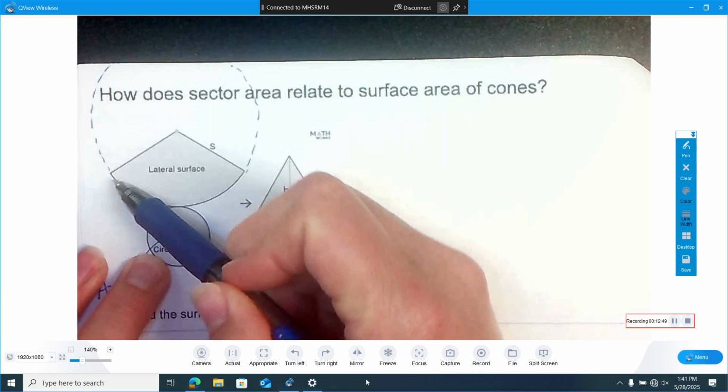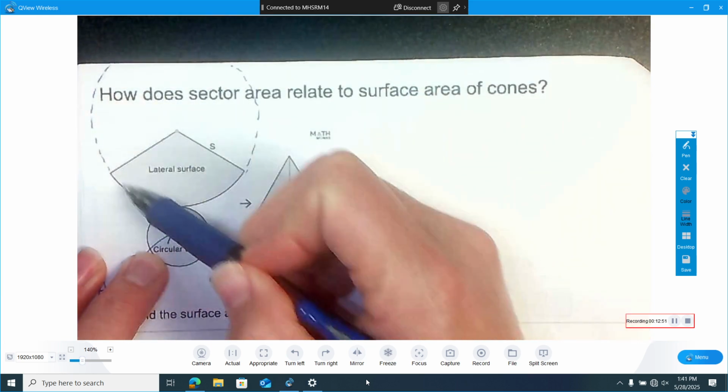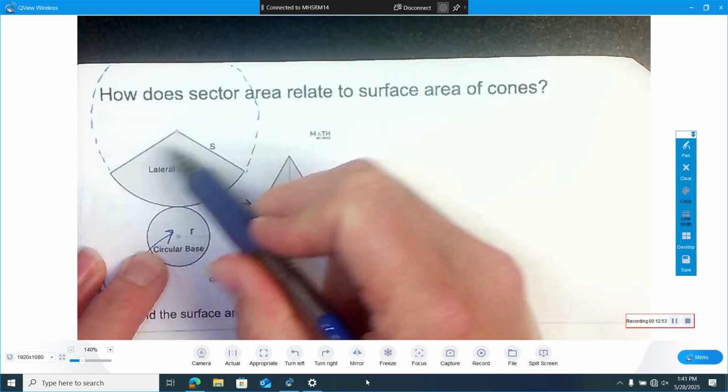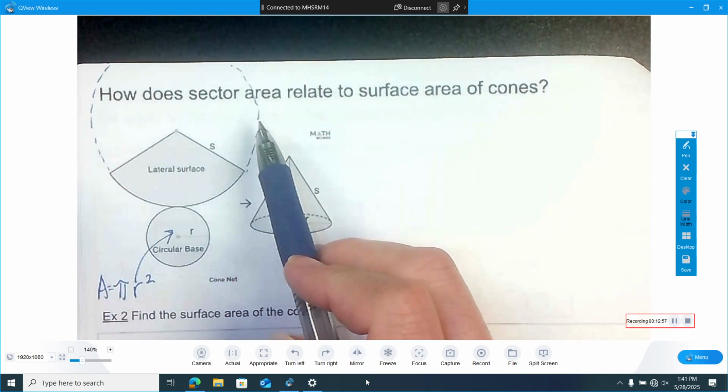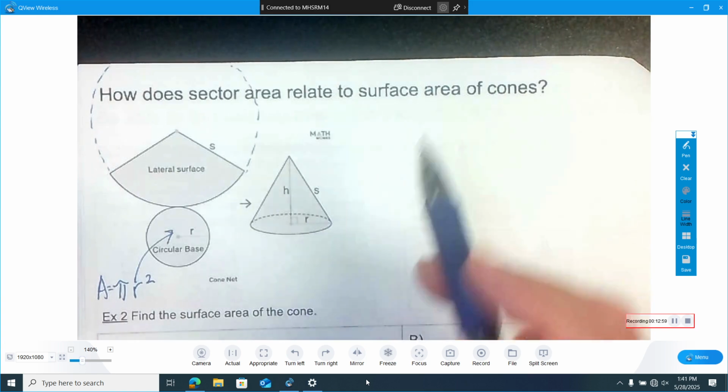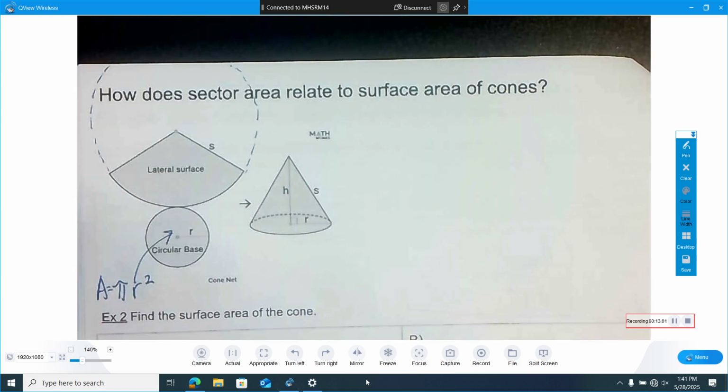So you can imagine, here's this big circle, and we have a sector. And we're going to figure out how sector area relates to the surface area of cones. And I have to say, when I was in school, they just gave us the formula, which you're welcome to just use, but I'm going to show you today where it comes from.